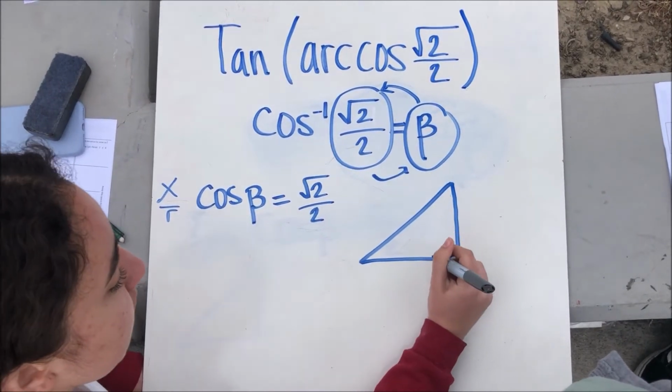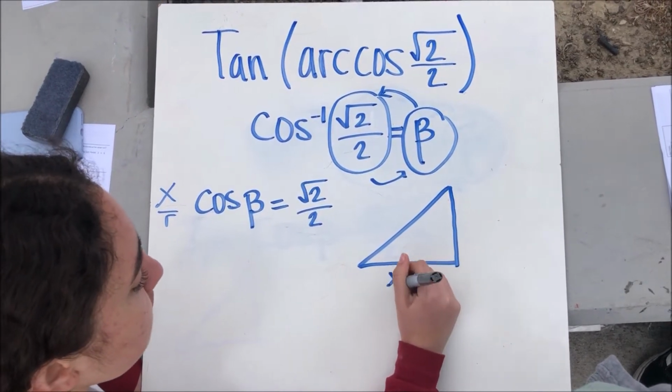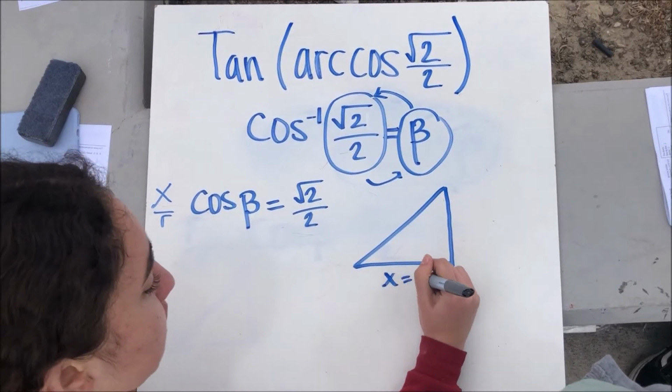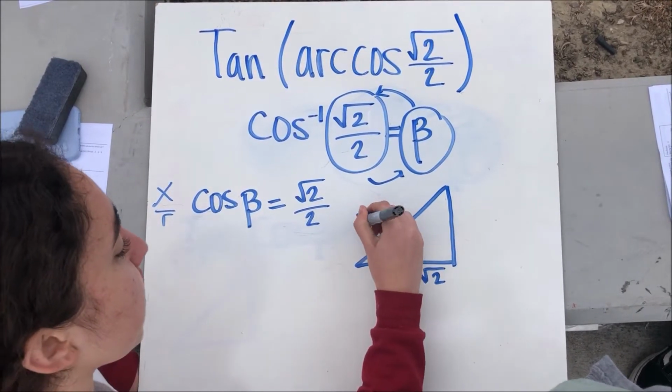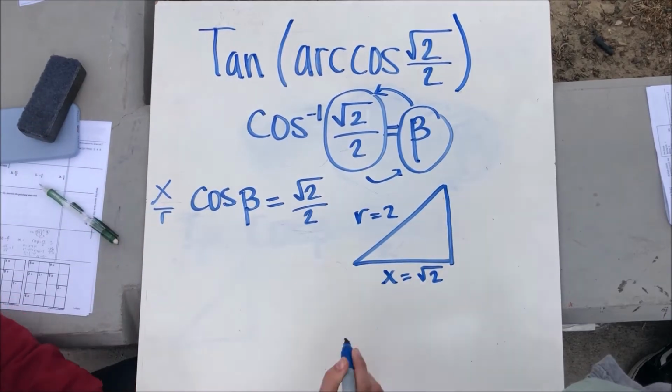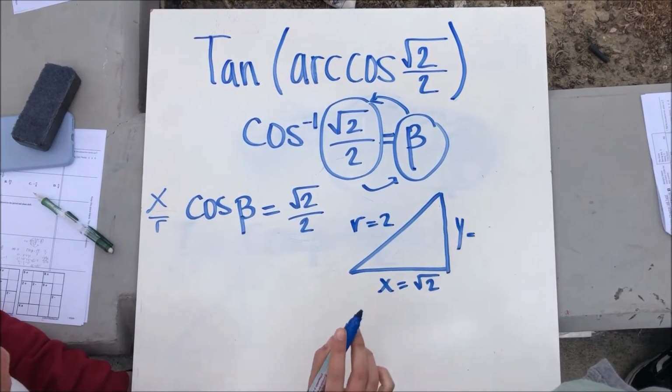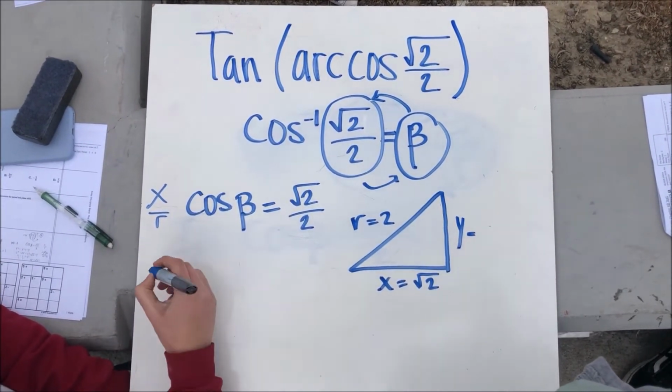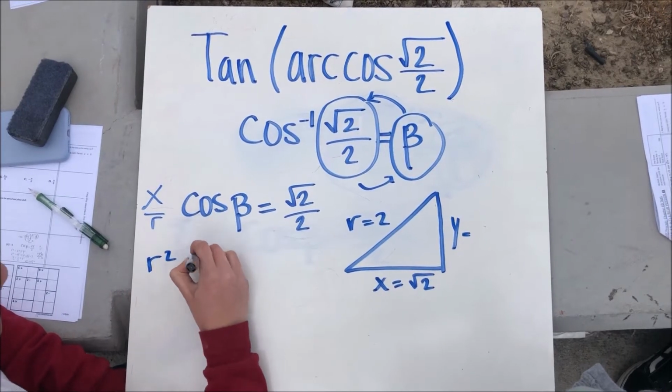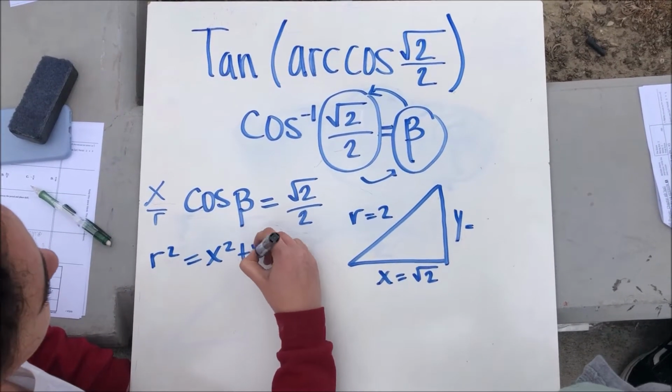X is going to be right around here, so x equals radical 2, and r equals 2. Now we need to find the y value, so we're going to use the Pythagorean Theorem, r squared equals x squared plus y squared.